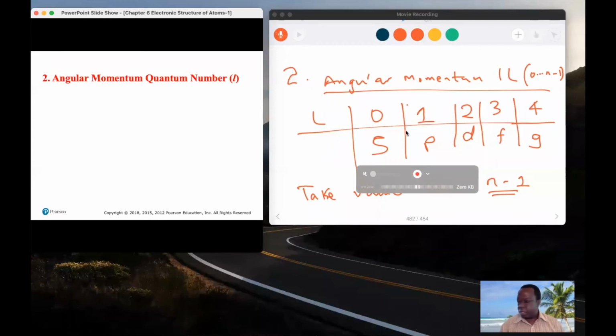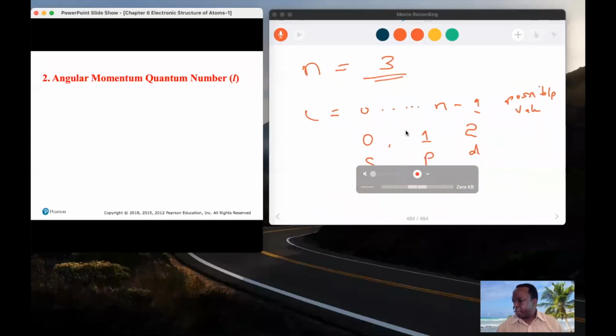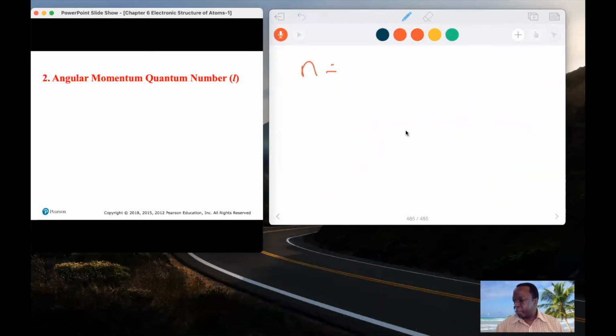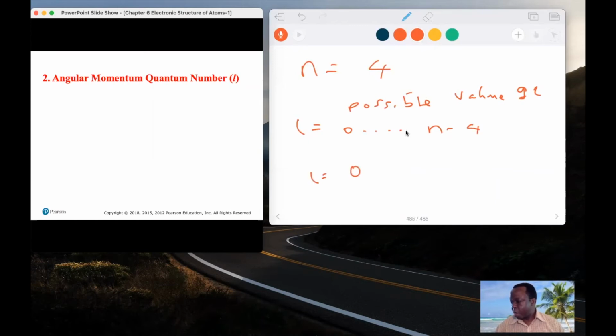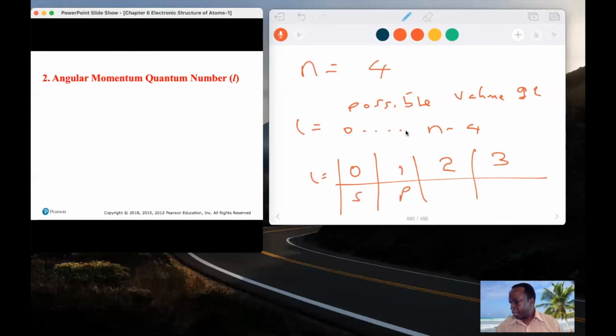You need to remember that if n equals 4, possible values for l are 0 all the way to n minus 1, which in this case is 0, 1, 2, and 3. And these represent s, p, d, and f sublevels.